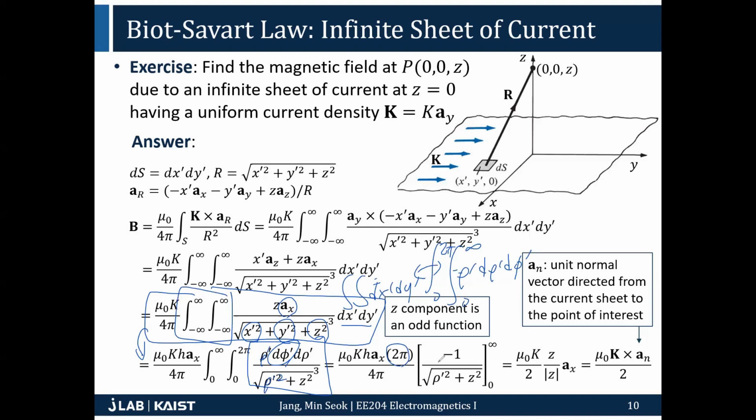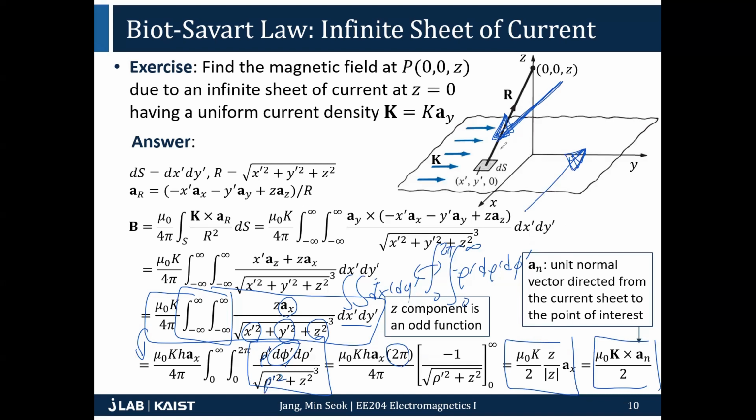So if you perform the integration, you get the solution. What it tells us is that the magnetic field direction is along x when K is positive, and negative x when K is negative.